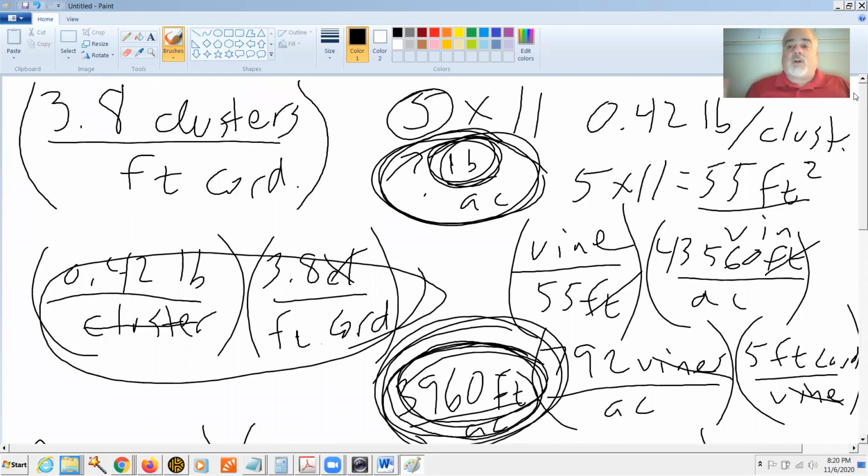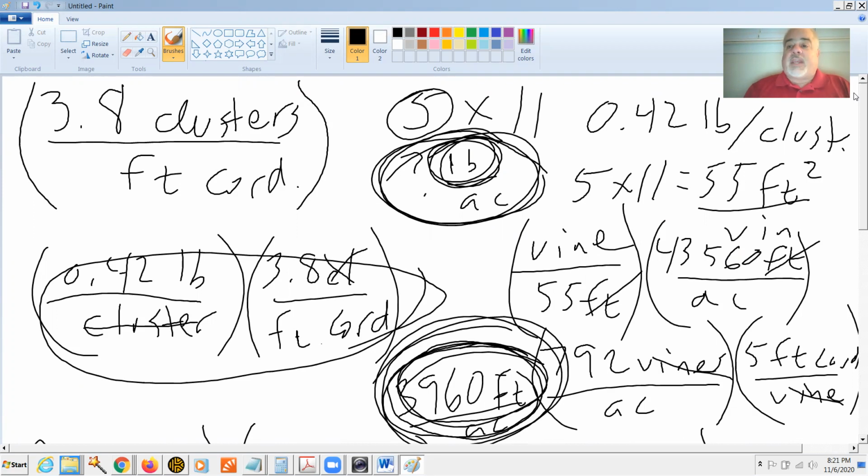But that's the real world. Nobody hands you an equation out there in the real world and says, all right, solve this. You're going to have a bunch of data coming in and you got to figure out, how do I turn this into a yield estimate or a pruning estimate or whatever you need to do.